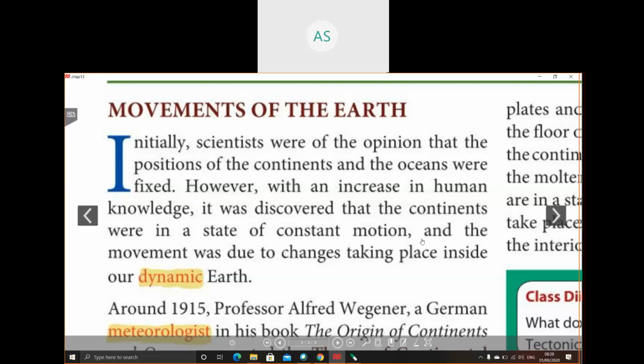They are basically in constant motion, right? And the movement was due to changes taking place inside our dynamic earth. Okay, what is the meaning of dynamic here?